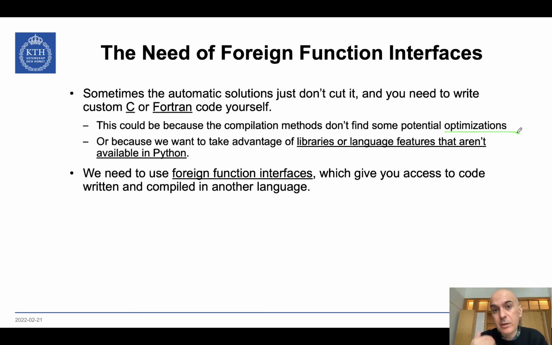The second reason is that we might already have this library written in C or Fortran, so we want to call it from Python. So we will need a way to call this from a Python code, and that's why we need foreign function interfaces.